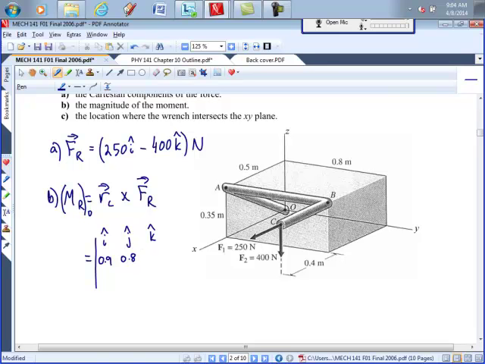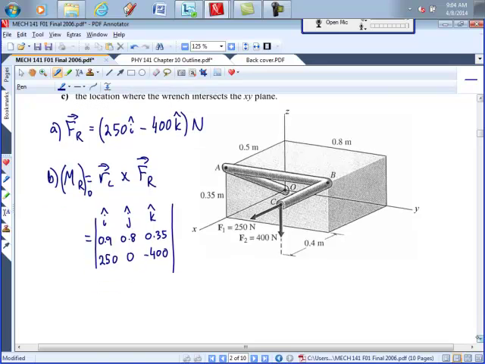And along the z-axis is going to be positive 0.35 meters. And then our resultant force, 250, 0, negative 400. I'm just going to add that vector in here.